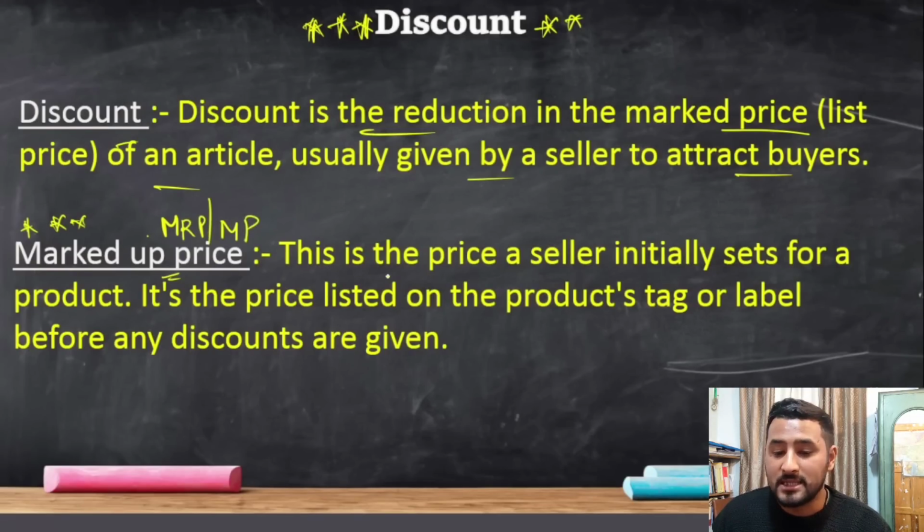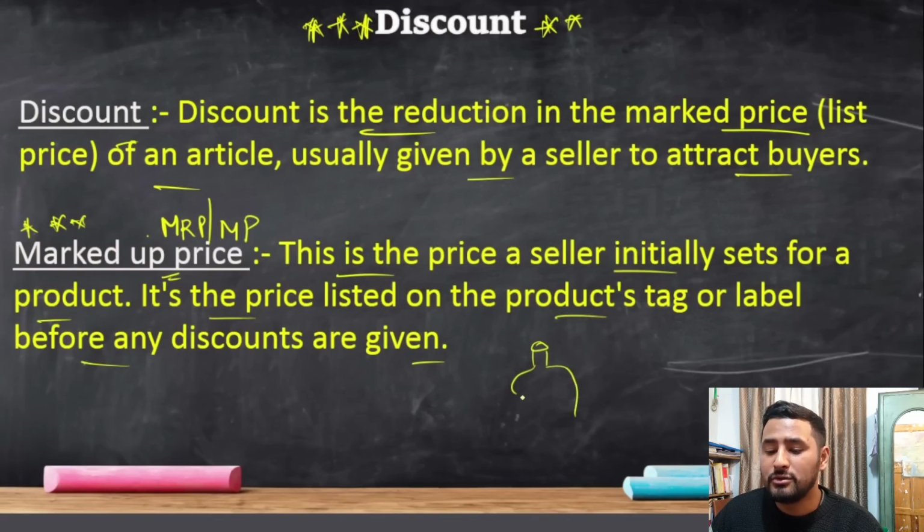So what is this mark price? This is the price a seller initially sets for a product. It is the price listed on the product's tags or label before any discounts are given. I think you all have already seen this. Suppose you are buying a can of juice, or a Maaza bottle, somewhere they have given the MRP, right?